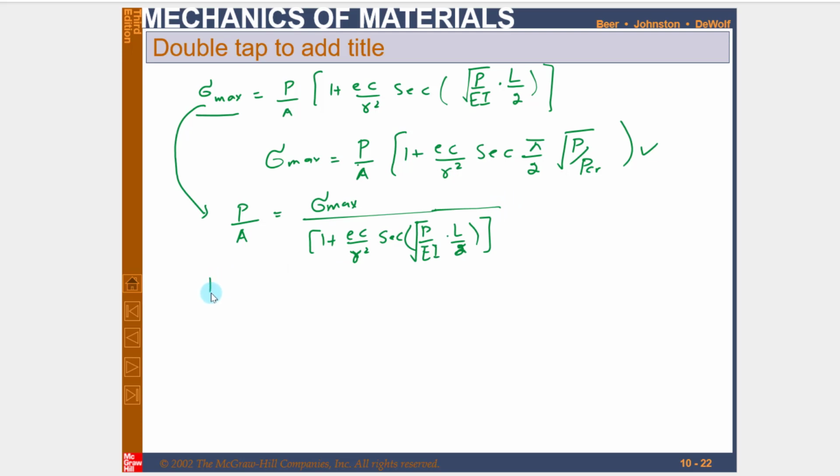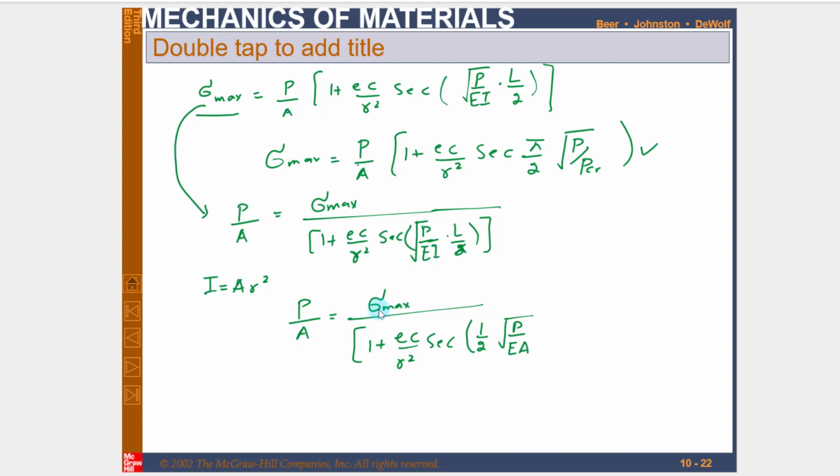Now we know that I is equal to AR square. Clear? So instead of I over here, I can also write it, this equation P by A will become equal to sigma max divided by 1 plus EC over R square into secant of 1 by 2 under root P over EA.